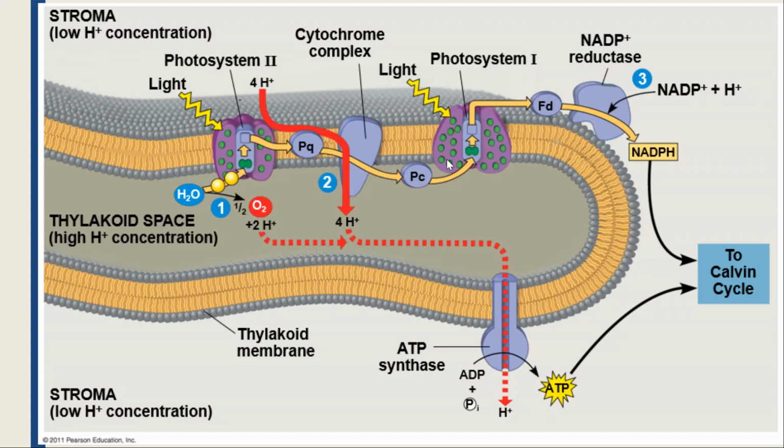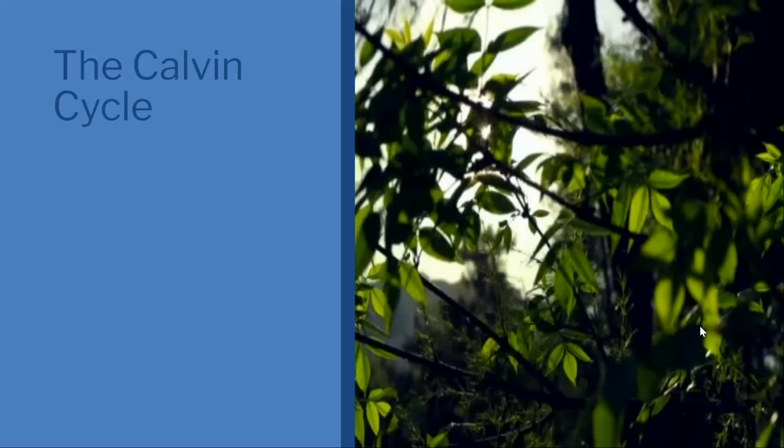In photosystem 1, light again hits the pigments, gets the electrons excited, and they go down another electron transport chain, where they end up making NADPH. Both the NADPH and the ATP go to the Calvin cycle, which takes place in the stroma, and those two energy-rich molecules will drive the Calvin cycle.